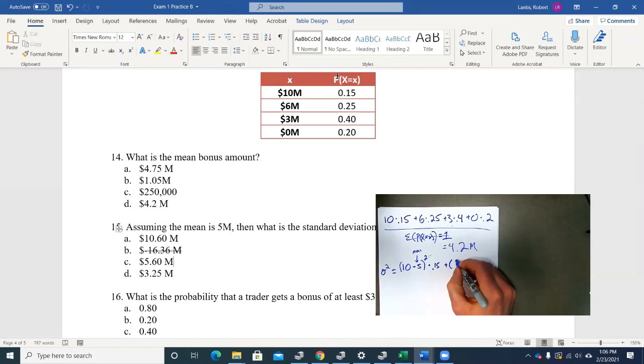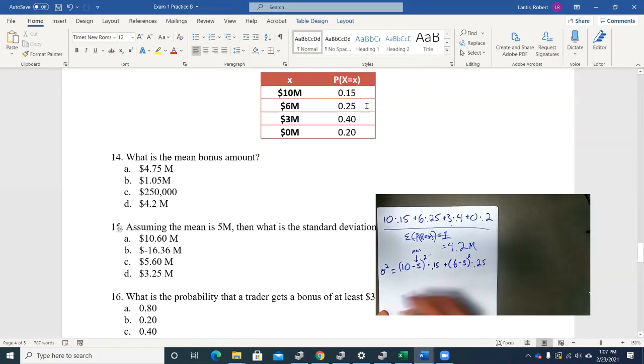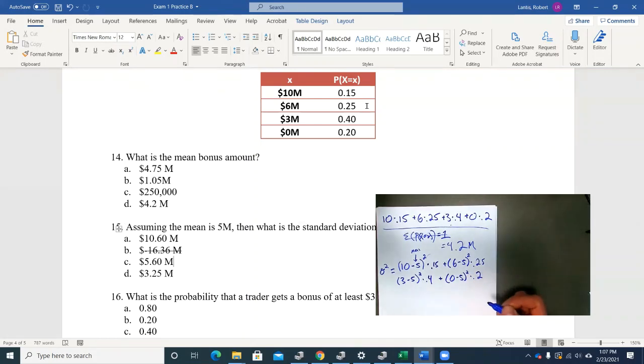Add to that the next possible outcome of 6 million, subtract that mean of 5, square it. What's the probability that we saw 6 million? Looks like here it's 0.25. I won't say the other ones out loud, I'll just jot them down real quick, so if you're working along with me, you could write this out completely. So (0 - 5) squared times 0.2. So that should give me my variance.